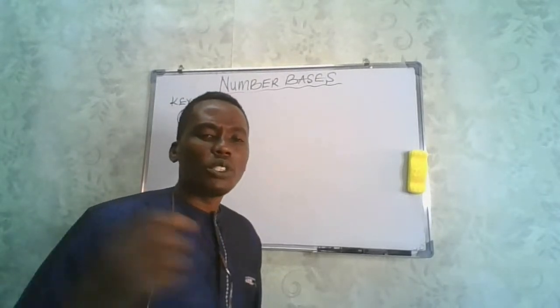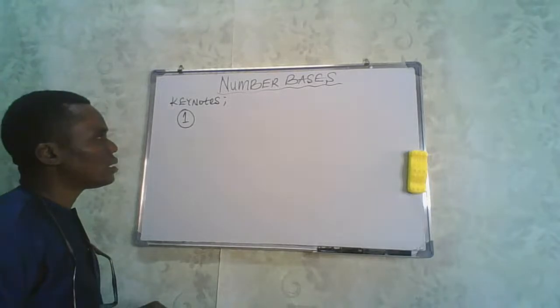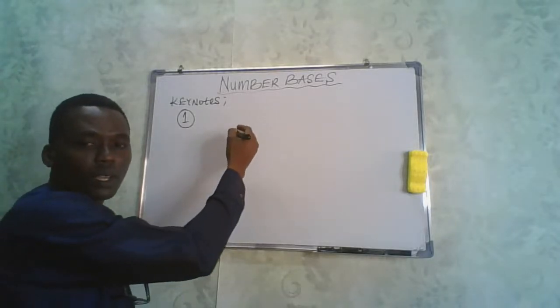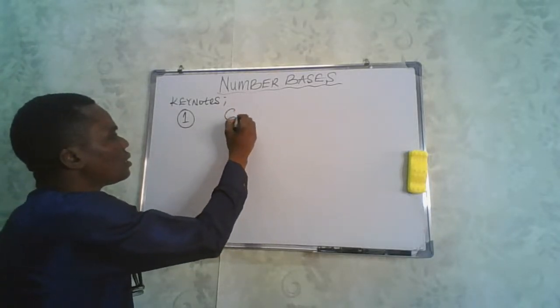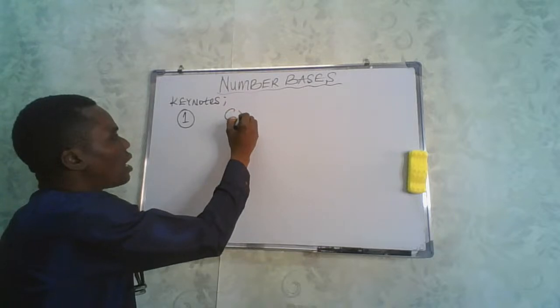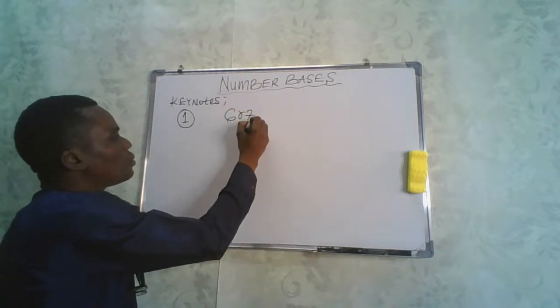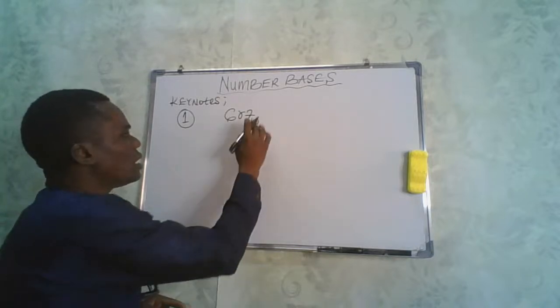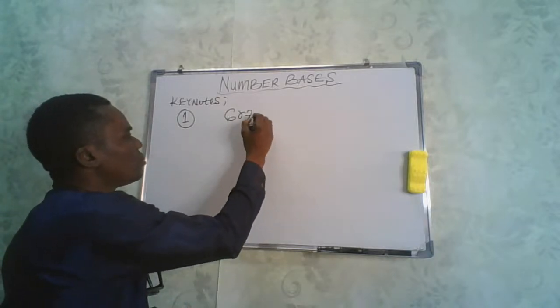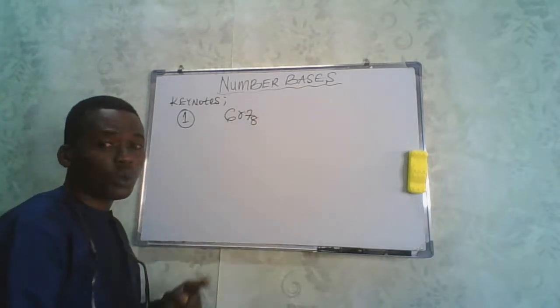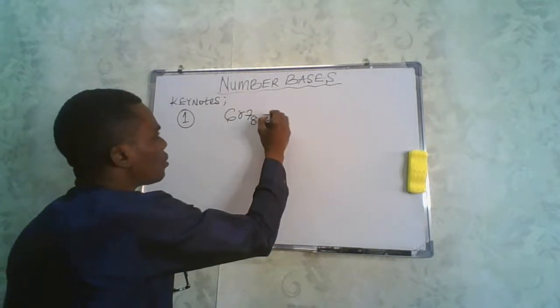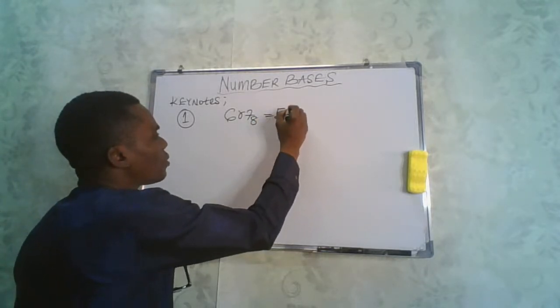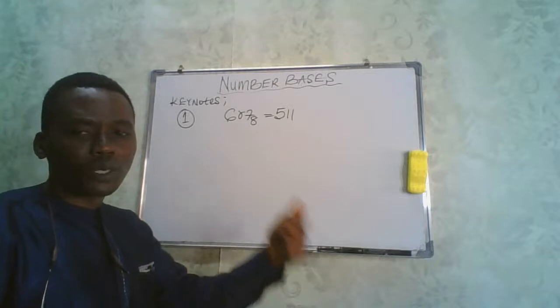Let's assume that you are given this example. You are given a question like 6R7 to base 10, and you are told, let's assume, that this is in base 8, and that it is equal to 511 in another base.